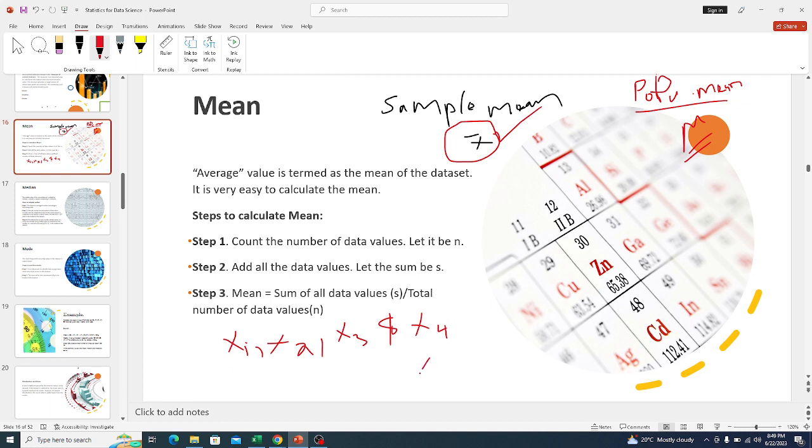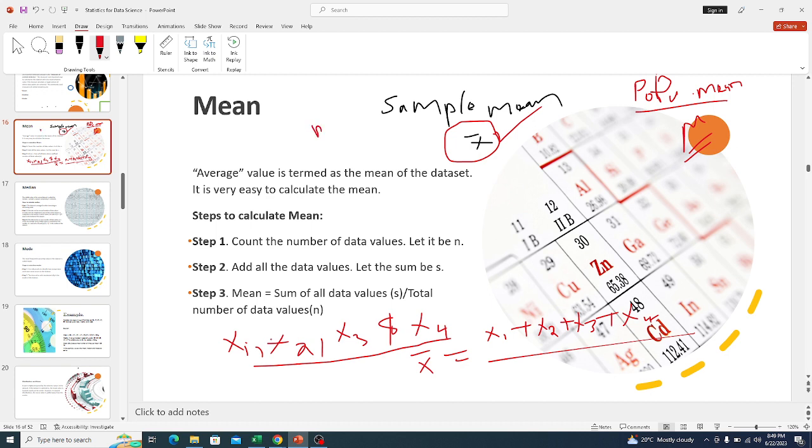With that, x bar will be given by the total sum of these x values, x1 plus x2 plus x3 plus x4, divided by the total sample size.